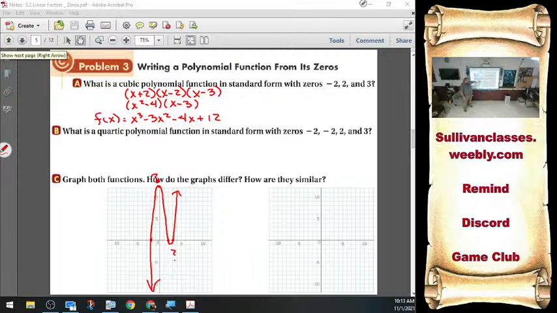I know it will hit the point 12, though. Part A, how do I know that that hits 0, 12? Right? If I jam a 0 in for x, you get 0, 0, 0, 12. So function of 0 is 12. So I know that's my y-intercept. It's probably not my maximum, but I know it at least hits that point. That's where you use your calculator to find the ballpark, what those look like.